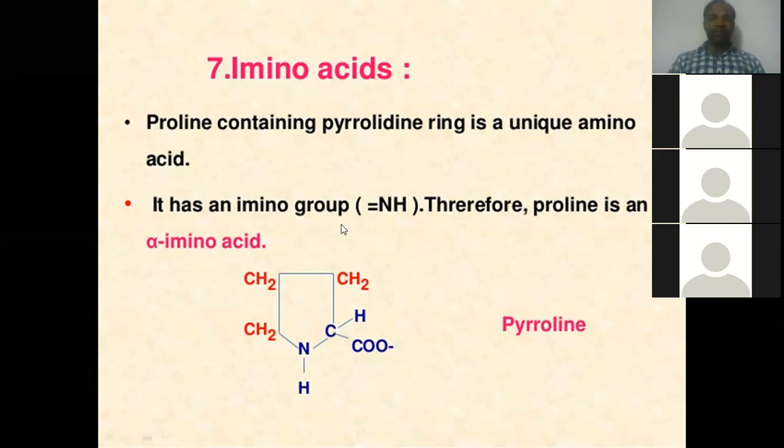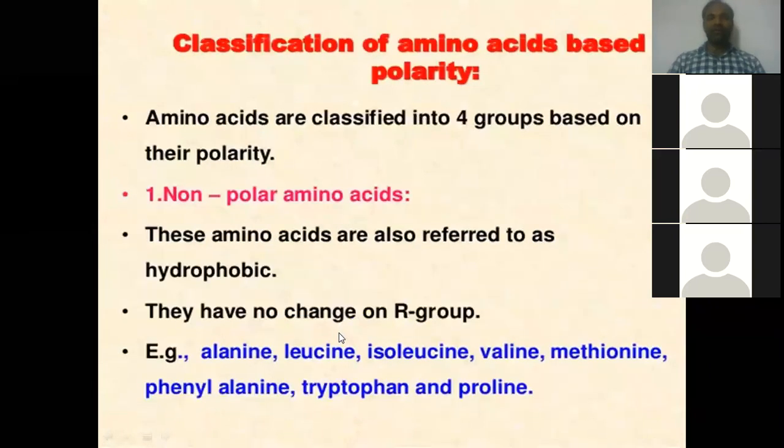Therefore, proline is an alpha imino acid. Proline को क्या नाम दिया उन्होंने फिर? Alpha imino acid. So this is the chemical structure of proline, and that is a pyrroline. ठीक है? So these are the 7 different categories of the amino acids on the basis of their structure.